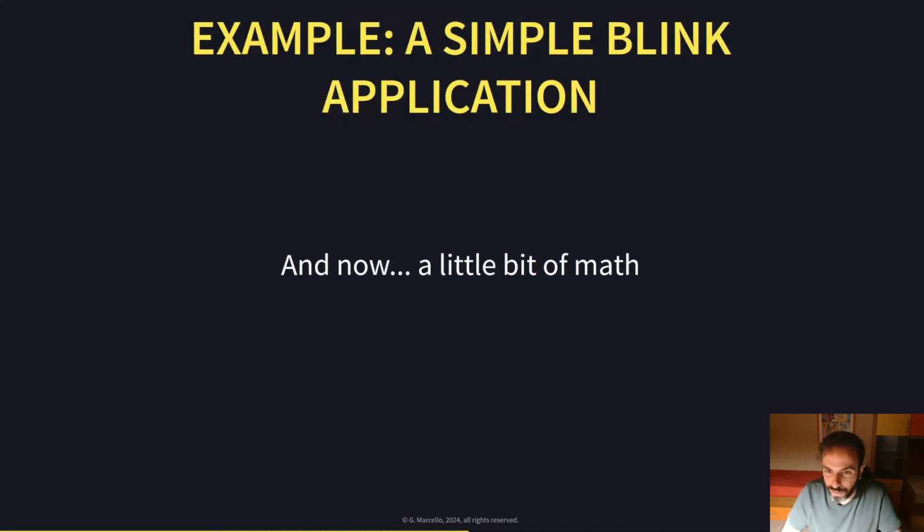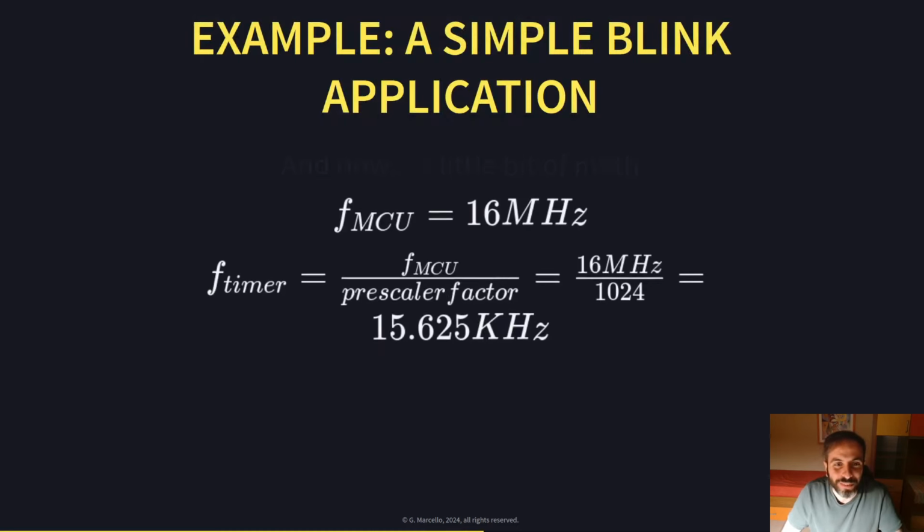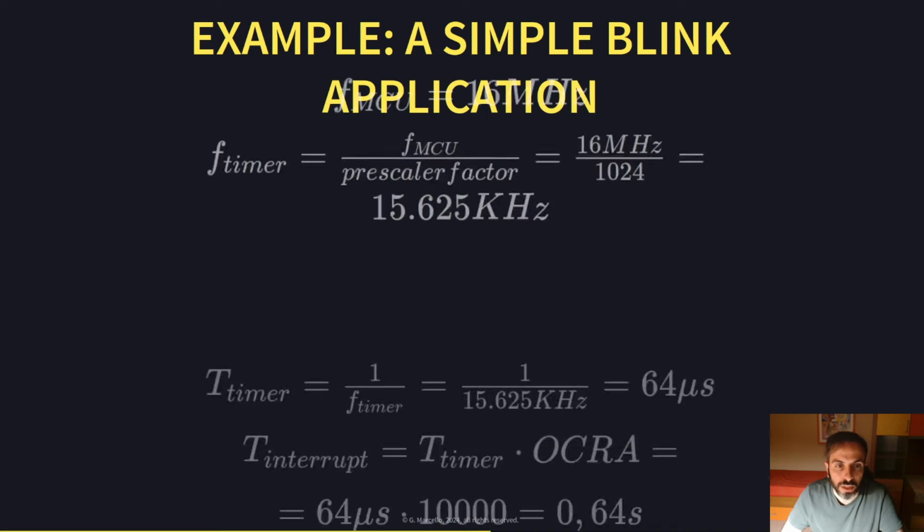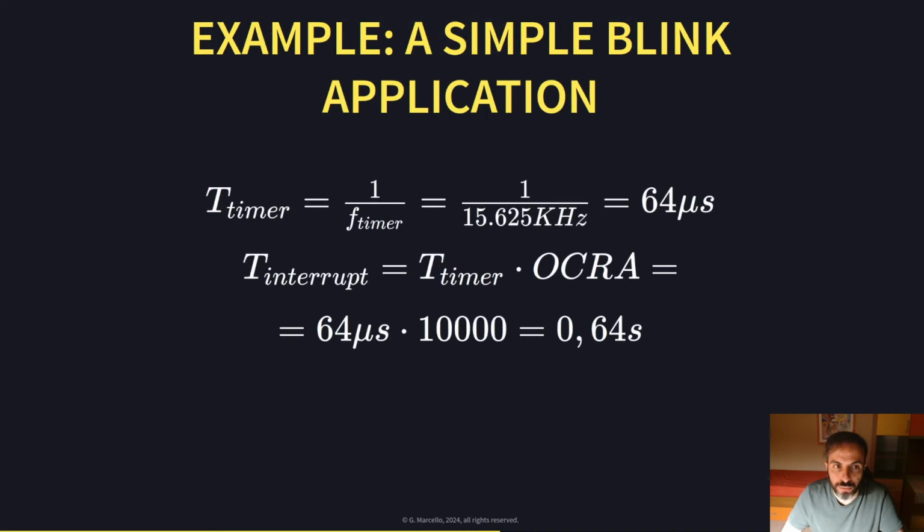And now a little bit of math, not too much. The Arduino Uno has a clock frequency of 16 MHz. So in order to make this work, I'm going to prescale it by a factor of 1024, which will yield this frequency here. And if we just compute the period that this yields, we get a period of 64 microseconds.